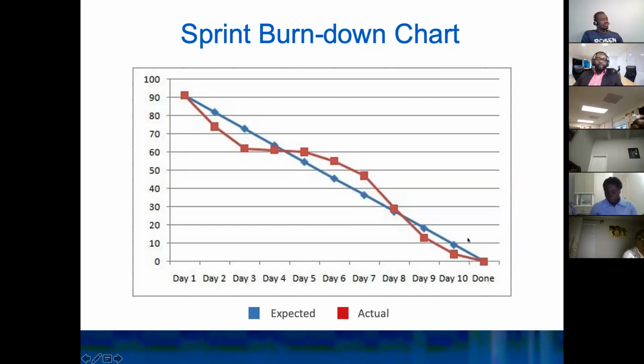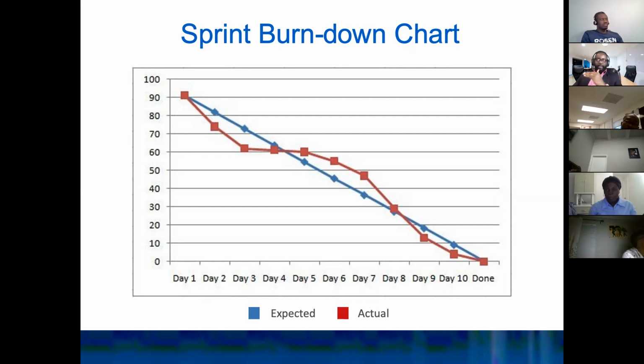But it's not really possible because you cannot complete exactly the same amount of points every day, right? Some days you're probably going to be completing 10 points. Some days you're going to be completing 15. Some days you're going to be completing 8, right? But this chart is kind of the baseline and it's showing you the standard pace at which you would normally complete your sprint.